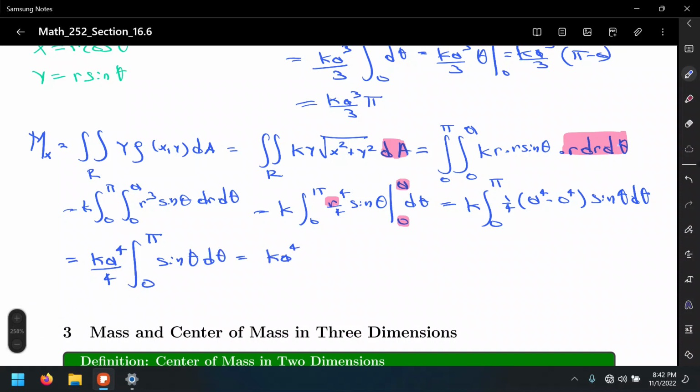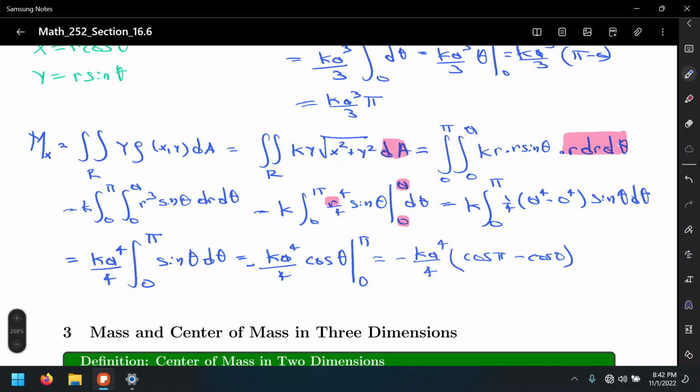K a to the 4th over 4, the integral of sine is negative cosine, so that's why I have this negative in front of the k a to the 4th over 4, evaluated between 0 and pi. So negative k a to the 4th over 4 times cosine pi minus cosine 0.